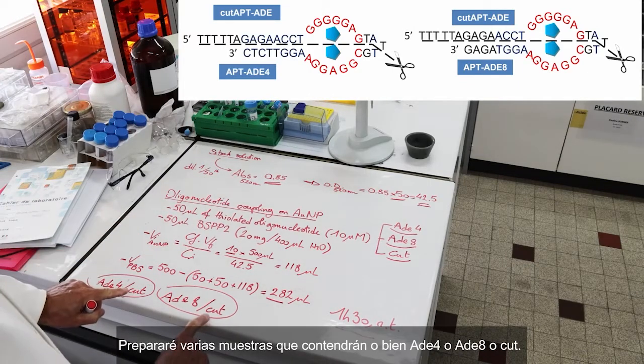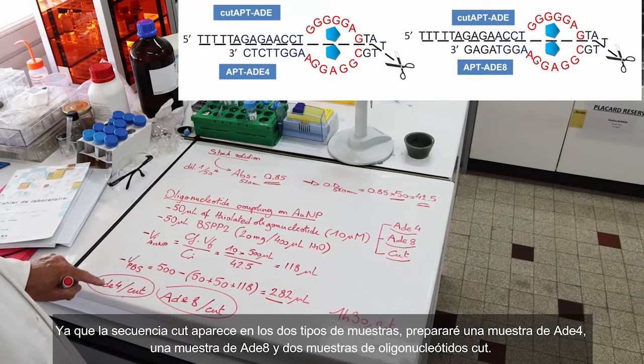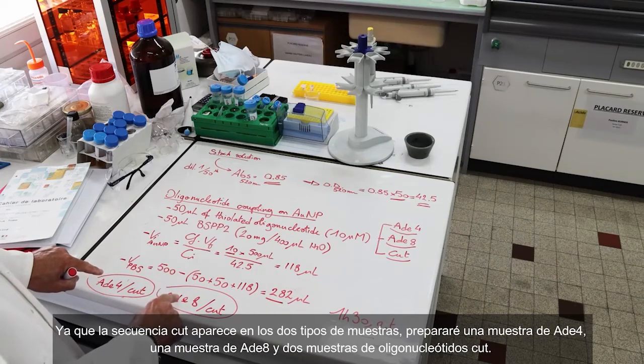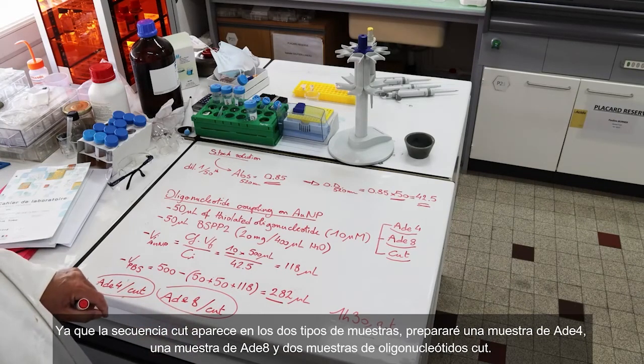And because the cut sequence appears in both reagents, I will prepare one sample of adenine 4, one sample of adenine 8, and 2 samples of oligonucleotide cuts.